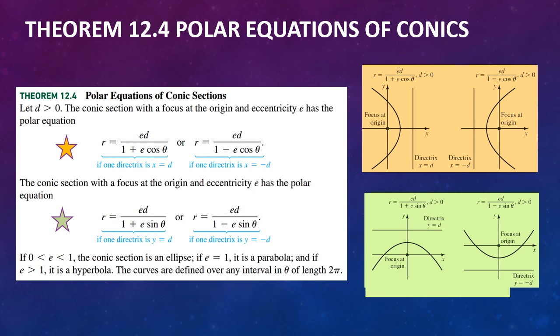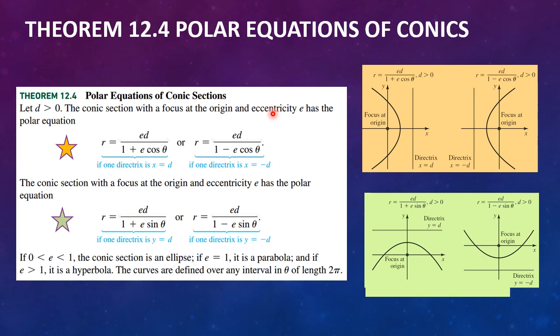Describing the orange graphs to the right, the conic section with a focus at the origin and eccentricity e has a polar equation r equals ed over 1 plus e cosine theta, or r equals ed over 1 minus e cosine theta.